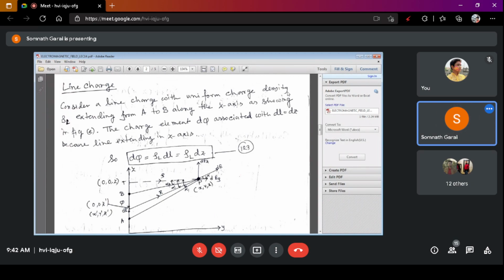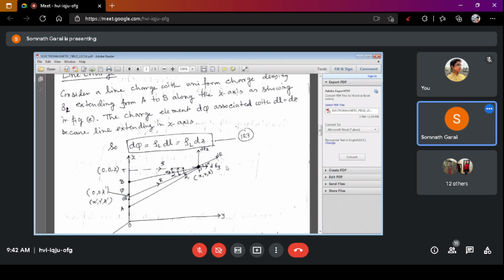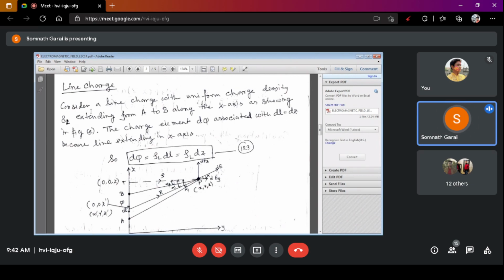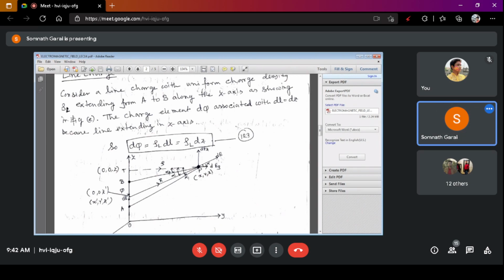So if we consider these line charges with uniform charge density rho L, the line extends from A to B, and on this line there is a uniform charge density.